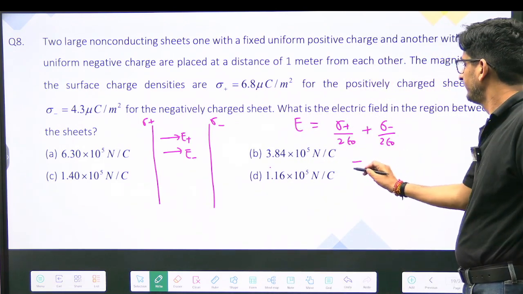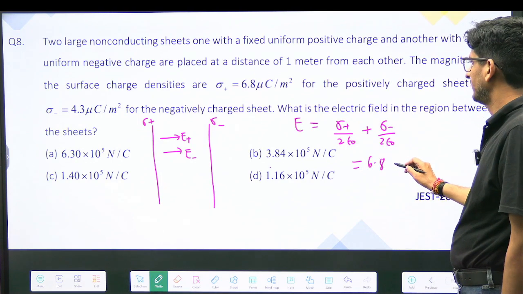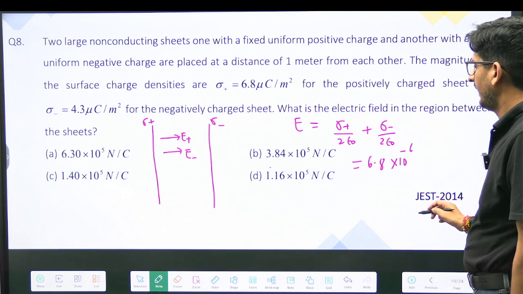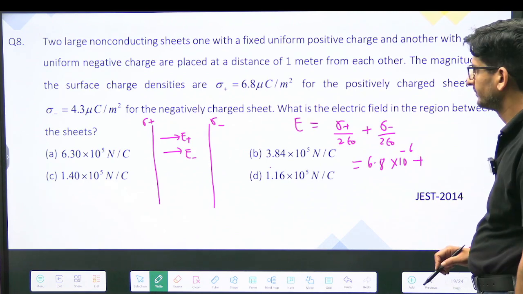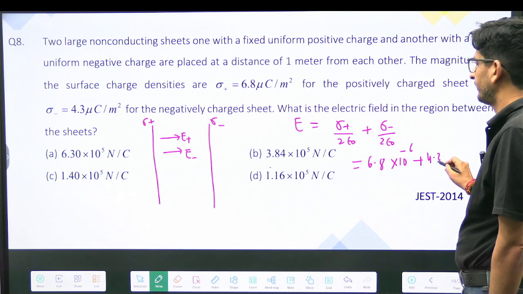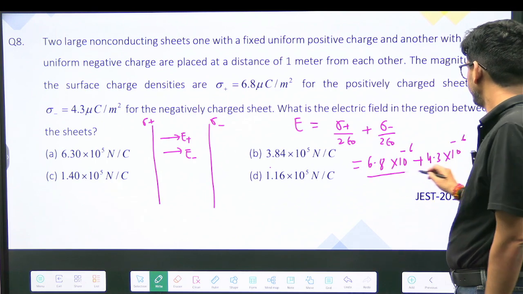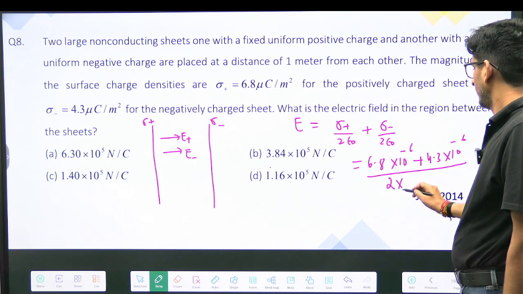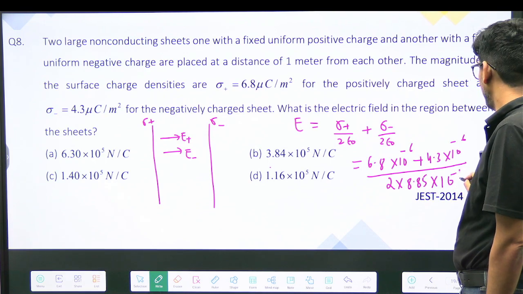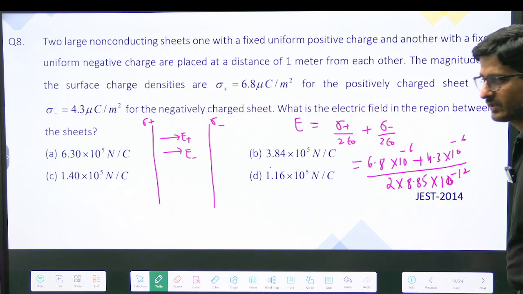So it will become, sigma plus is 6.8 into 10 to the power minus 6 and plus 4.3 into 10 to the power minus 6 upon 8.85 into 10 to the power minus 12. So you can do this calculation.